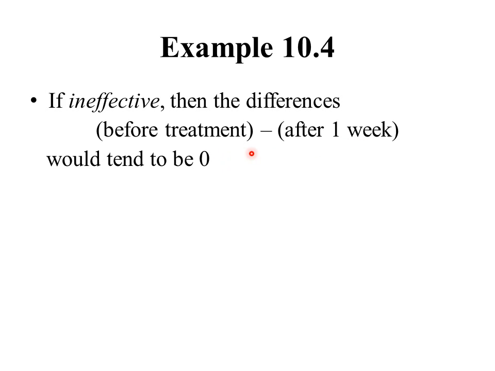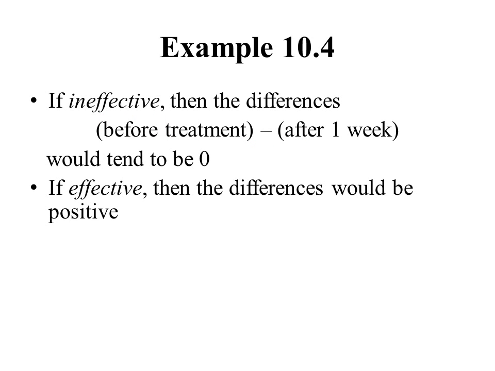There just wouldn't be any difference between before treatment and after 1 week. So these numbers would tend to be the same, so these differences would tend to be 0. Now, if the treatment were effective, then we'd have more repetitive behaviors before treatment and fewer after treatment, and so these differences would tend to be positive.